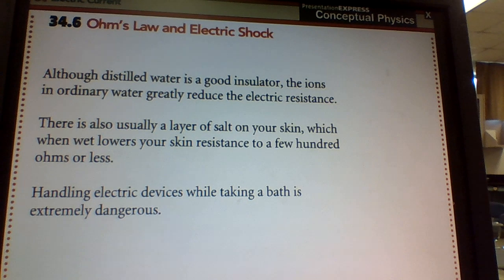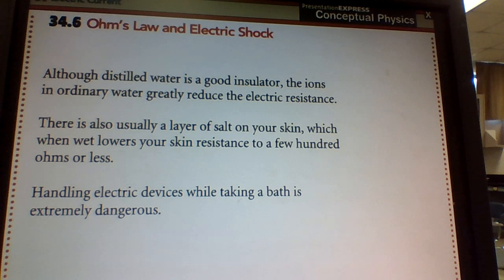Now, distilled water is a very good insulator. It's not going to pass electricity through it very much, but the water that comes to our houses is not distilled water. It's got all kinds of ions in it that allow electricity to pass through it much better.